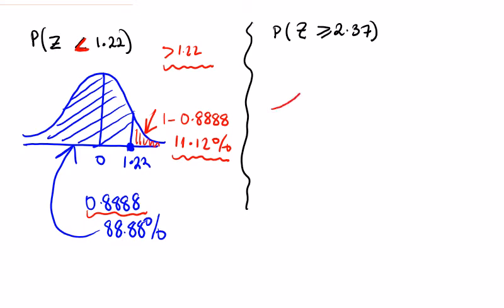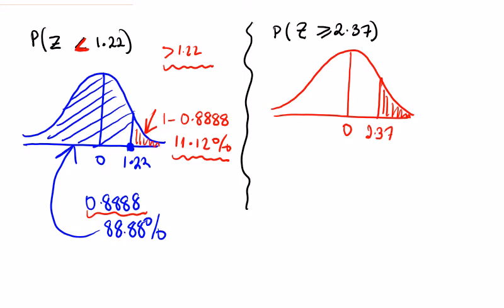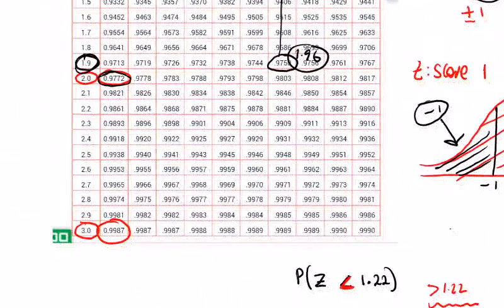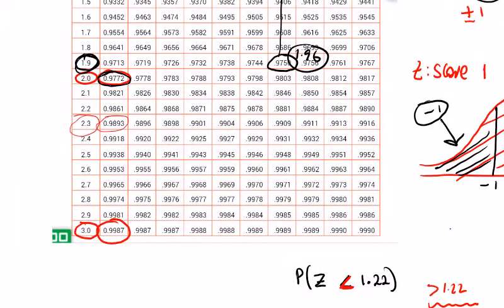Now, greater than or equal to 2.37. Just do your basic sketch. Let's put it here, even though it'll be much further to the right, just to give ourselves some room. So this is 2.37. Remember, with the sketches, we don't have to be accurate. We're just looking to help ourselves by identifying something on a diagram. So let's go up to 2.37 here. 2.3, then the seventh column.